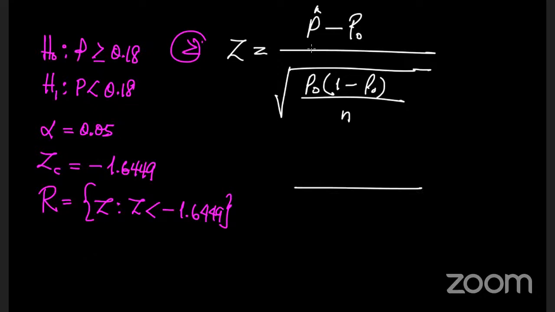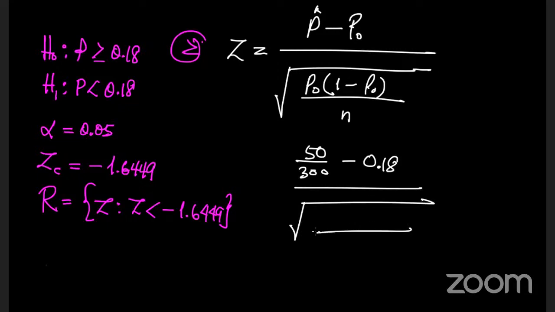So let's substitute these values into what we get. How do we get this value? Remember, this is 50 out of 300 minus this value here, 0.18, divided by the square root of 0.18 times 1 minus 0.18 divided by 300.